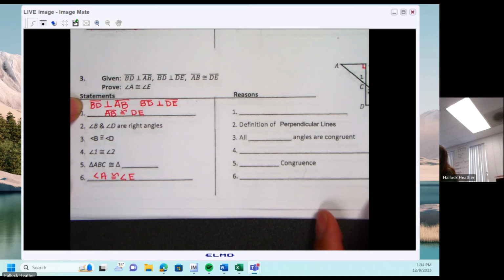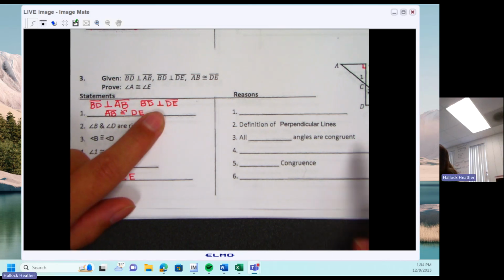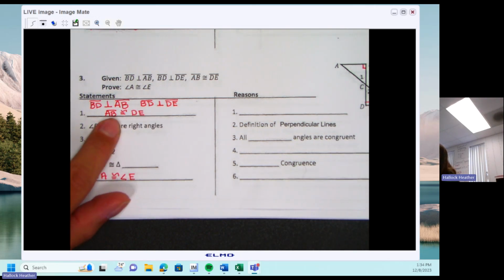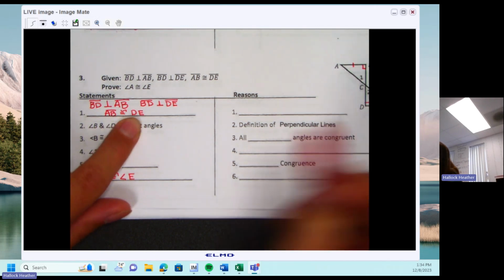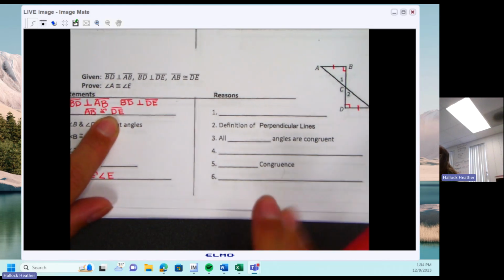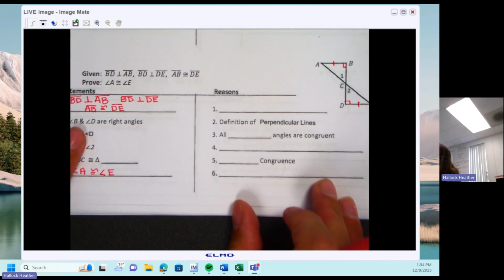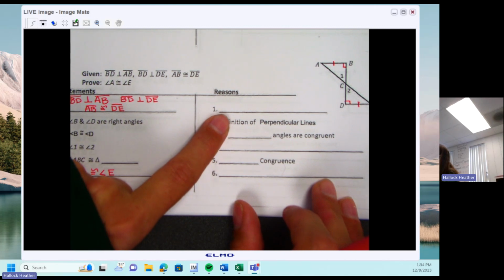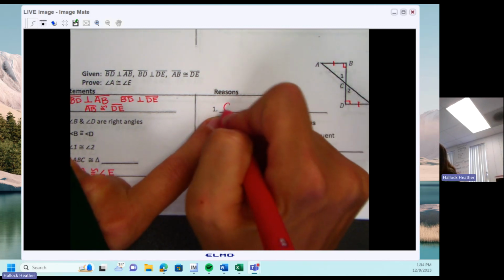BD is also perpendicular to DE, so I'm going to add a 90-degree angle. I also know segment AB is congruent to segment DE. So I know this so far based on what's given. What's number one's reason? Given, easy peasy.